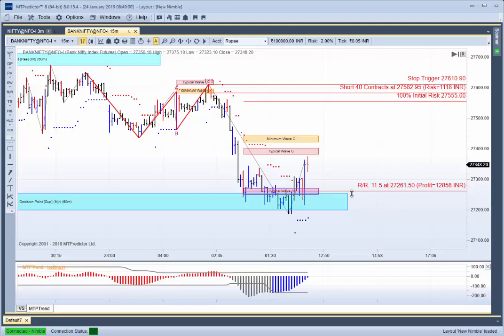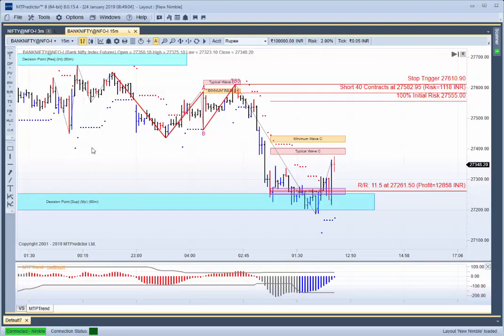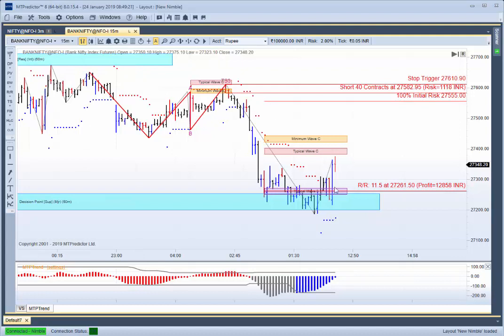So a good example using slightly longer time frames on one of the Indian markets, the BankNifty, where we use 60-minute charts for our higher time frame support and resistance zones, and then we're looking to trade off the 15-minute chart. And as you can see here today, this would have been a very nice 11.5 R profit, as shown by that example there.